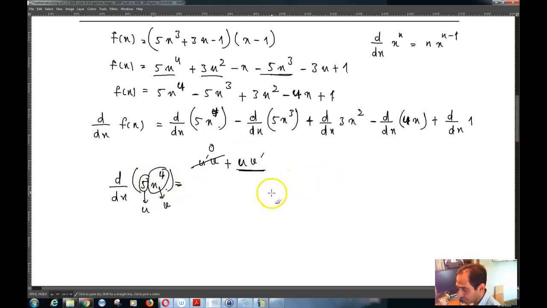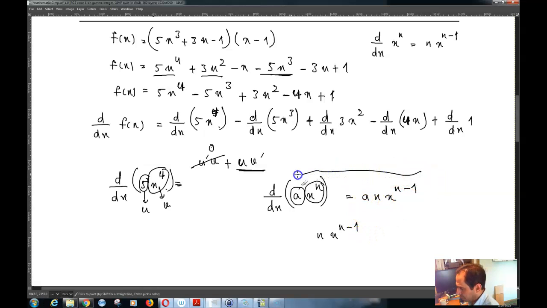Meaning that if you have d by dx of a times x raised to the power n, that's going to be a times n times x raised to the power n minus 1. So we can use this from now on, without using the product rule, because one of the terms always goes to 0.